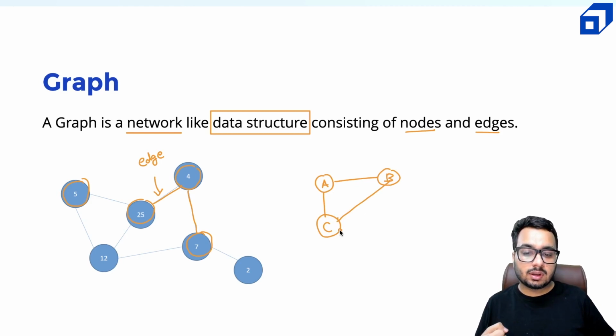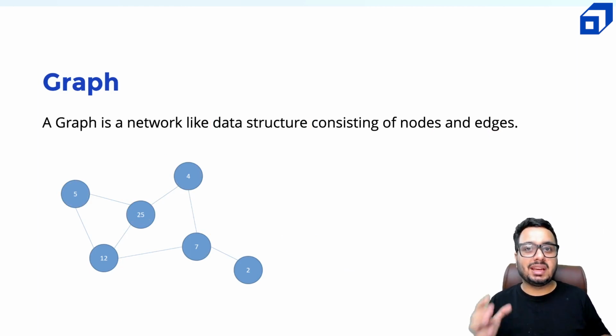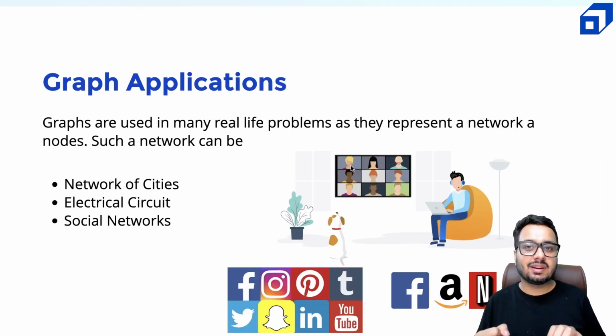If I talk about this person D, is it connected to A? We say no. The person A is not connected with D, or D is not connected with A, because there is no direct edge between them. So if I add an edge, they also become direct connections. So there can be many applications in real life where graphs can play an important role.